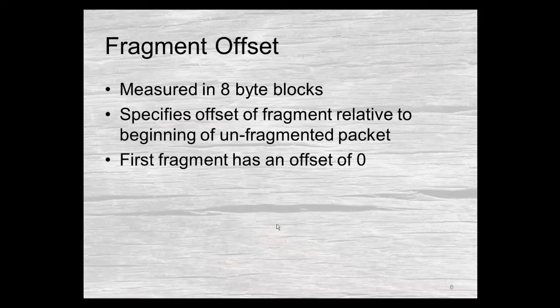The fragment offset is measured in 8-byte blocks, and that basically tells where in the unfragmented packet this fragment belongs. So it allows for the fragments to be retrieved and then put back together. Your first fragment will always have an offset of 0.